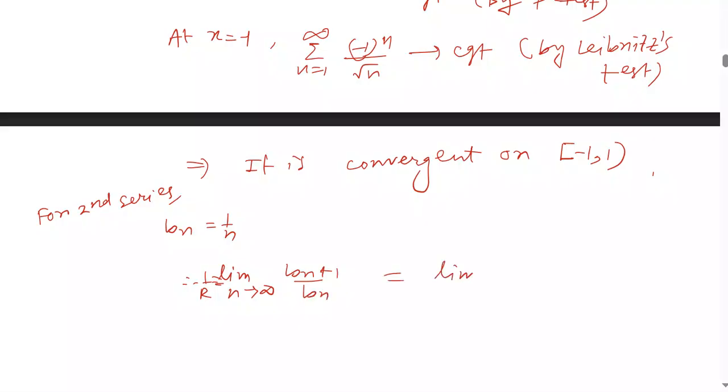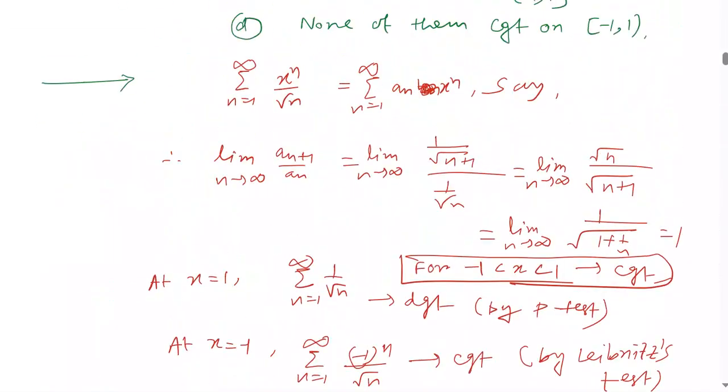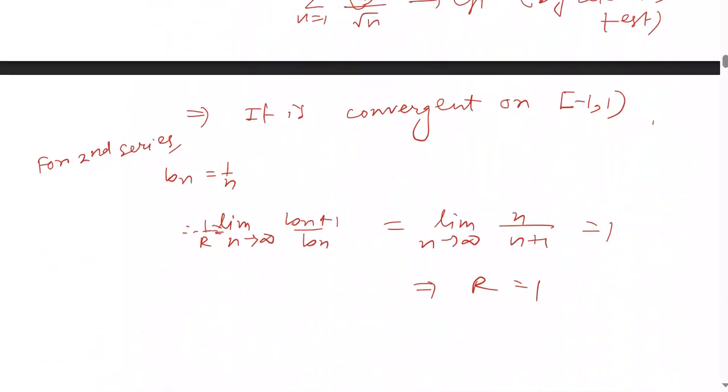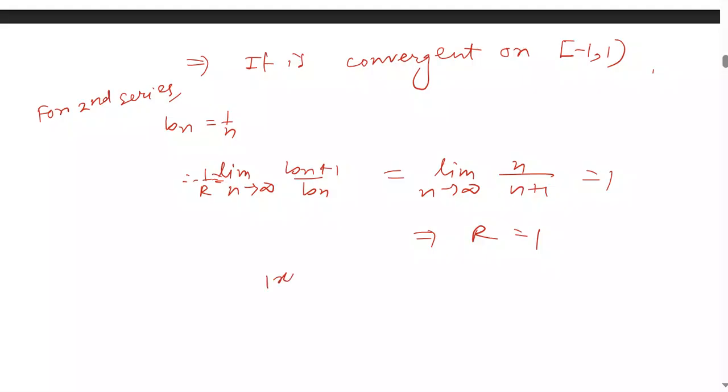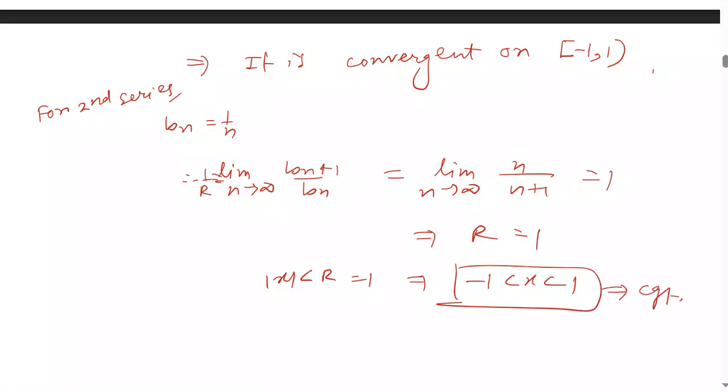From here it is clearly limit n by n plus 1, that is 1. From here r equal to 1. In this case also, mod x less than r, that is 1. From here -1 less than x less than 1 implies it is convergent. Okay.